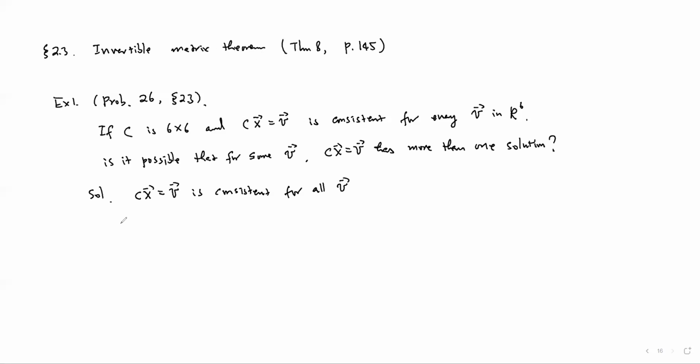this theorem, C is invertible. So when C is invertible, this linear system has only one solution. Why? Because I can multiply the equation from the left side by C inverse.